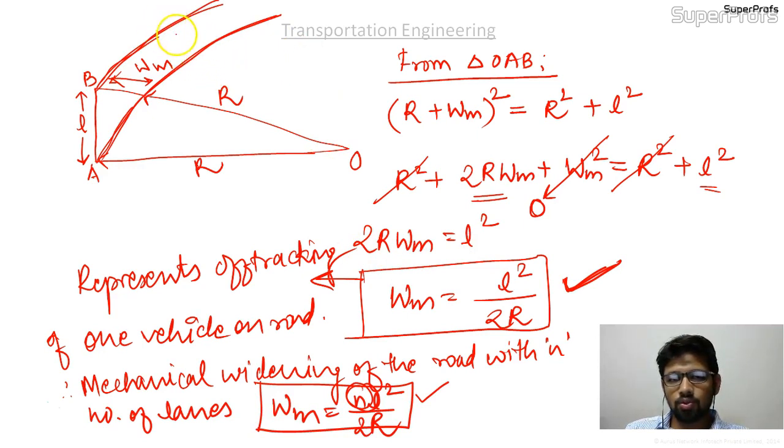We are correlating these two tracks with the radius of the curve, and using some trigonometry, the triangle laws, and making some assumptions, we are finding out the mechanical widening required for that vehicle.